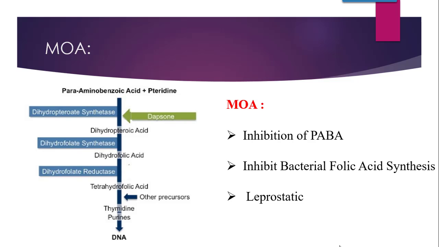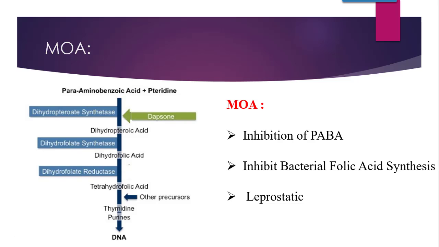Coming towards the MOA, this question is also asked in the exam. The mechanism of action: para-aminobenzoic acid, that is PABA, plus pteridine is responsible for synthesizing folic acid in sequential steps.